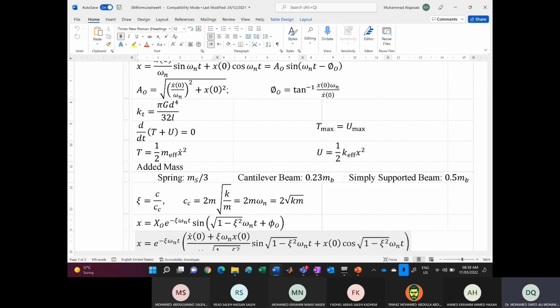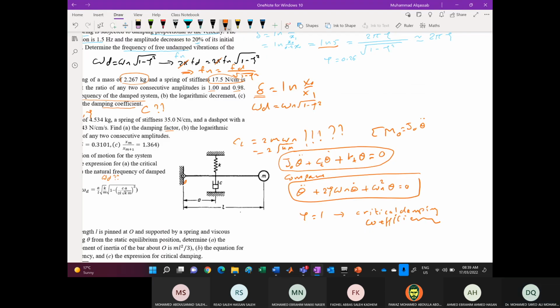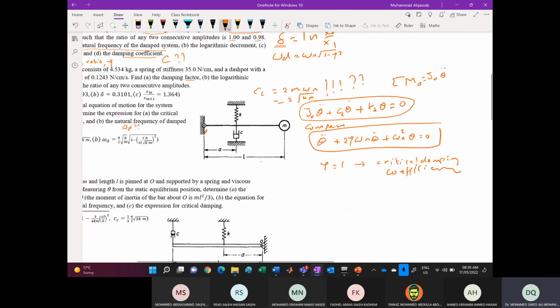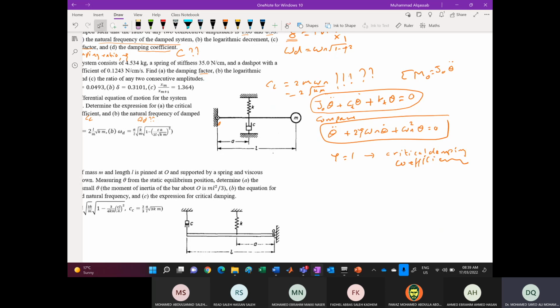So when the problem is a rigid body in rotation, we will need to find the equation of motion. If it is a mass in translation with an arrangement of springs or pulleys, then we can get the K effective or K equivalent directly, without deriving the differential equation. But if it is something like those systems, you need to get the equation of motion.